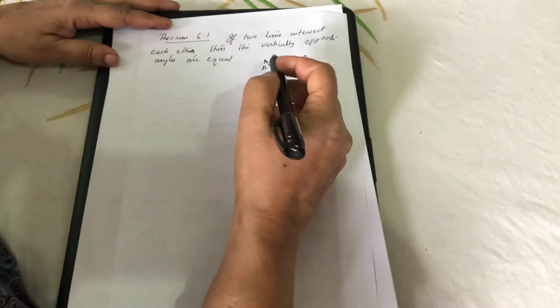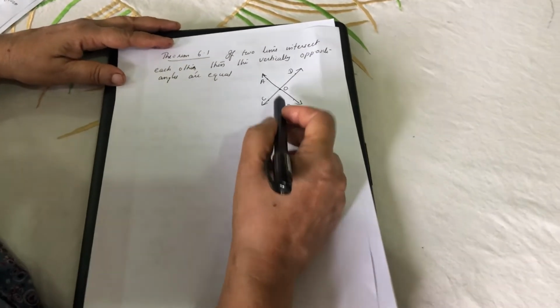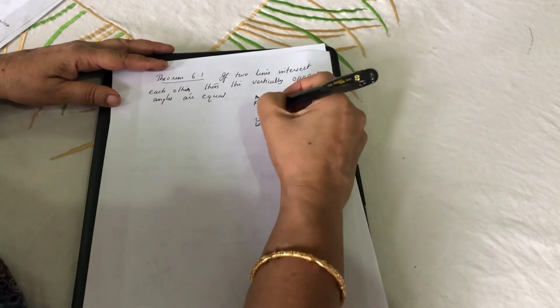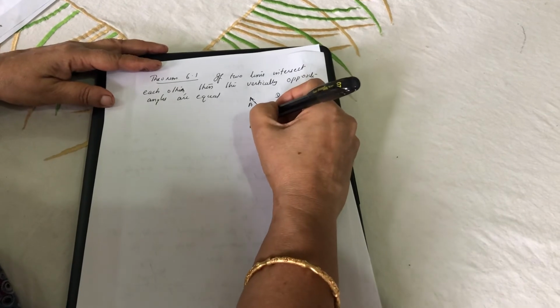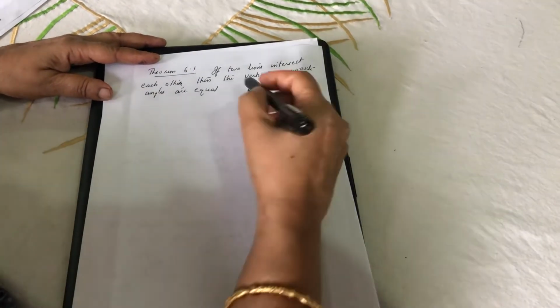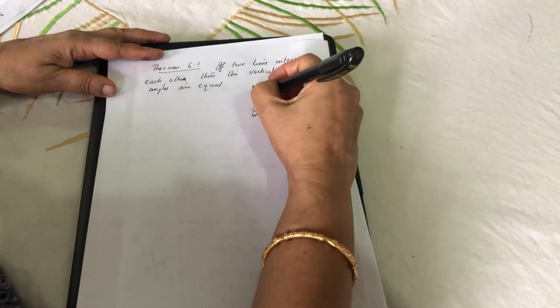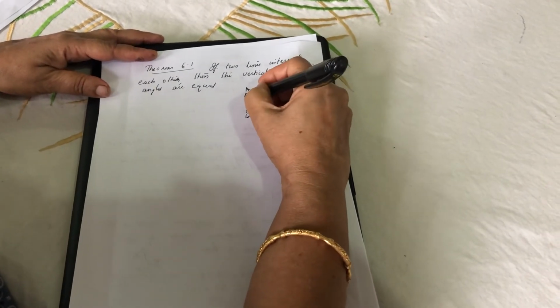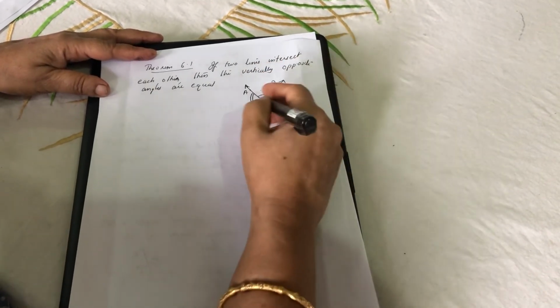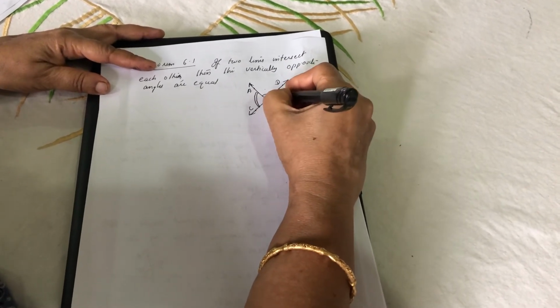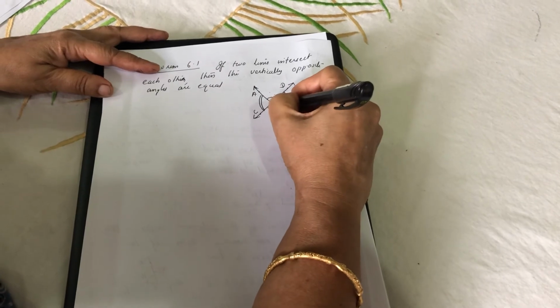So here vertically opposite angles are formed. These two are one pair of vertically opposite angles. Angle AOD and angle BOC are one pair of vertically opposite angles. Angle AOC and angle BOD are the other pair.